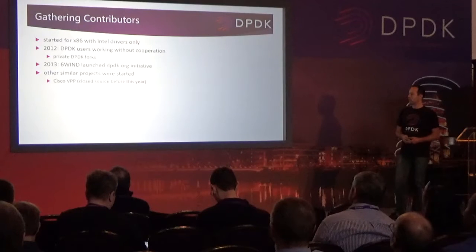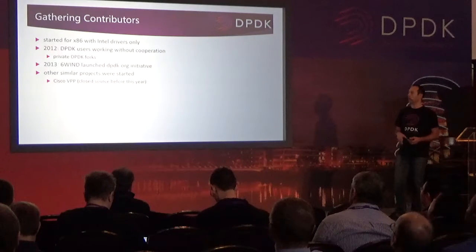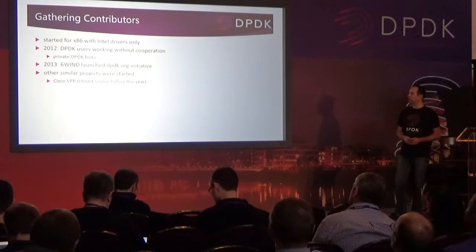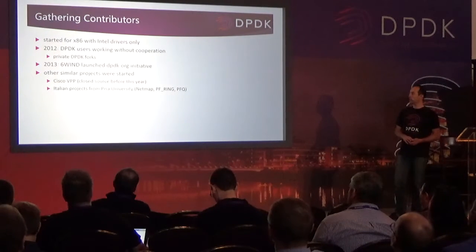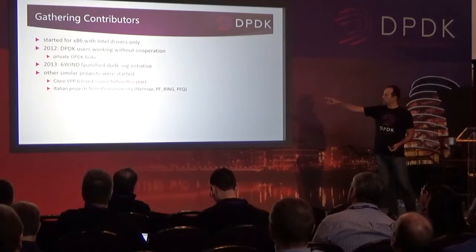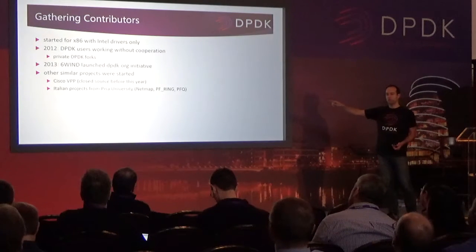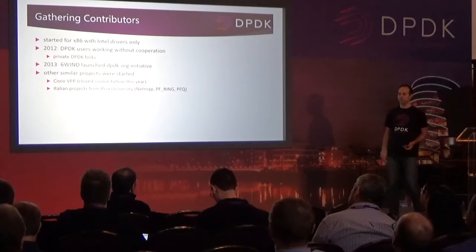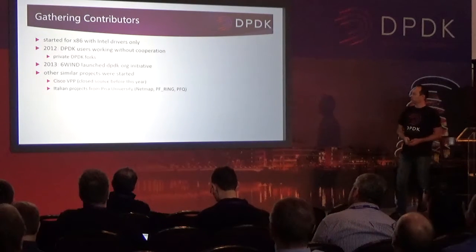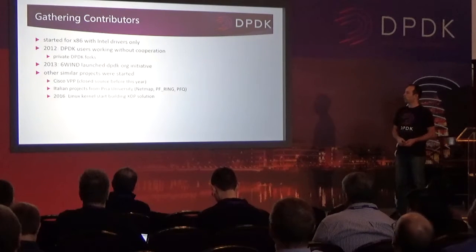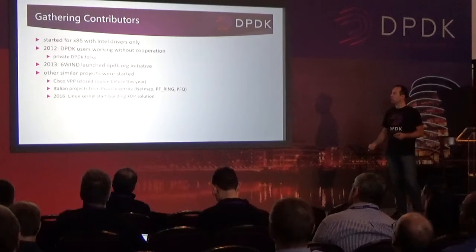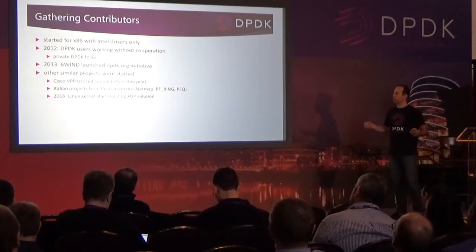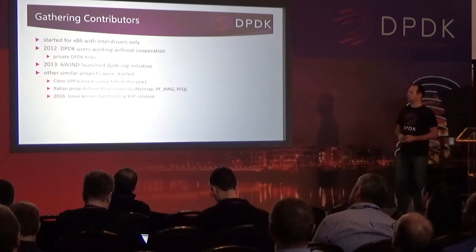At the same time, there were some other projects working in the same area as DPDK, like VPP, which is now open source. These three projects come from the same university. Maybe you don't know, they are friends. So these were really important years for user space networking. But now DPDK is gathering a lot of contributions and a lot of companies, so that's really great.